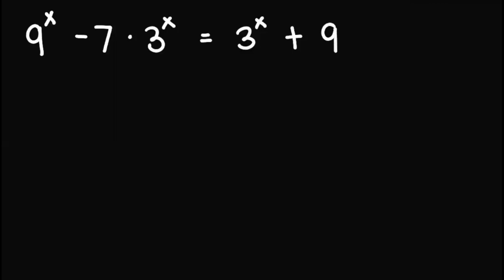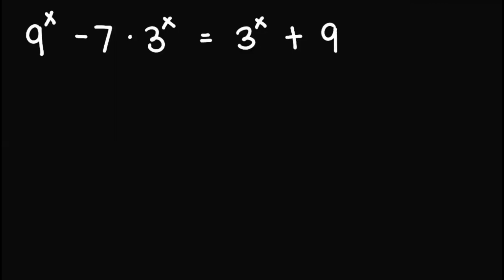Now, before I end this, here is one last example, which is kind of tricky at first, but is useful when you learn how to solve this one. So let's have 9 raised to x minus 7 times 3 raised to x equals 3 raised to x plus 9.